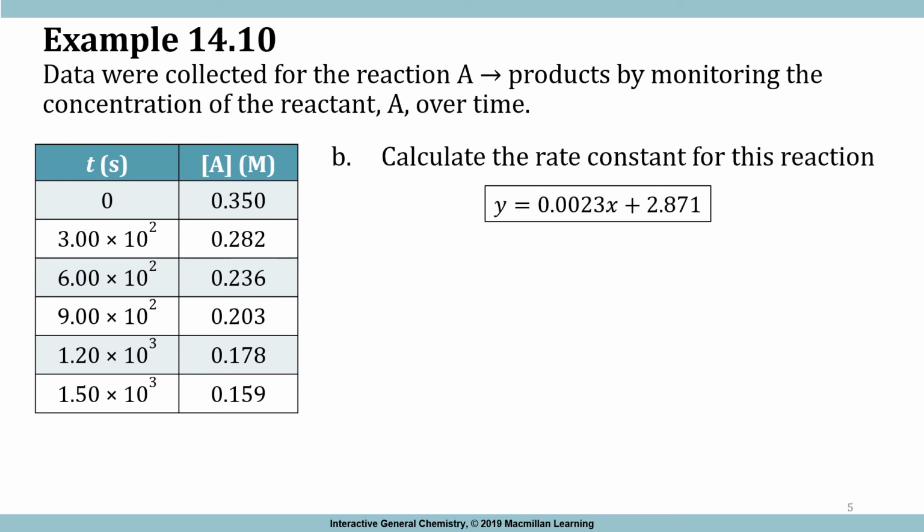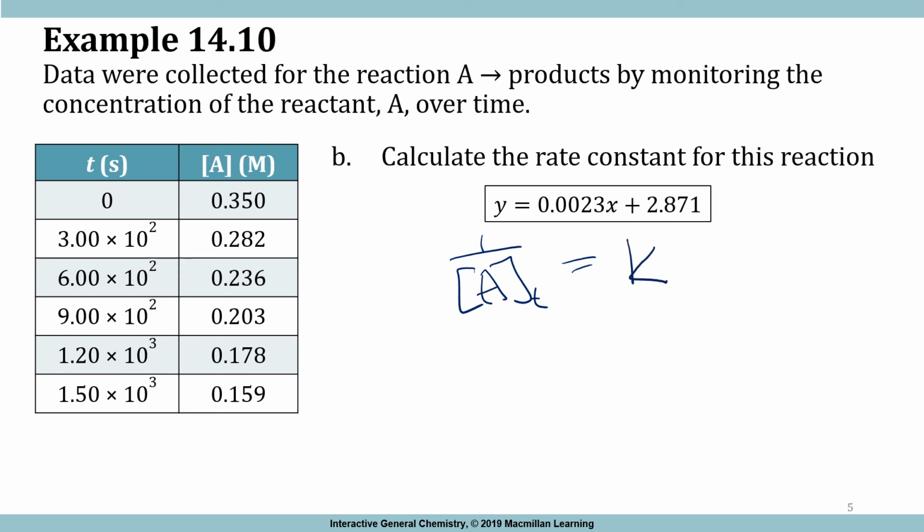Part B says calculate the rate constant for this reaction. This is going to be relatively easy. So if y is equal to 1 divided by your concentration and x is time, your slope is just going to be equal to k.